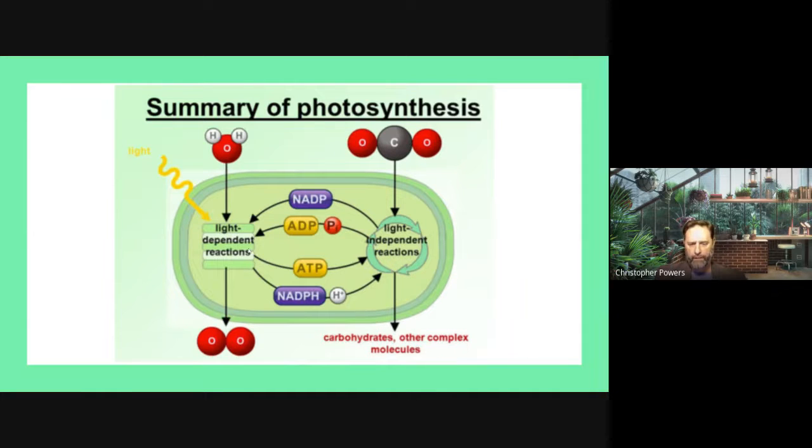From that, we have used this ion photon energy creation to make ATP. Now, CO2 is not used in this part, the light dependent reaction, and sugar is not made from this particular reaction. We have to get ATP into the light independent, the dark reaction or Calvin cycle, and then we use NADPH and a hydrogen ion.